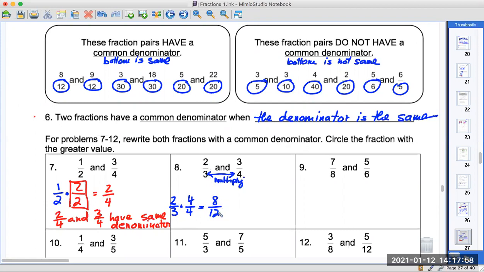So 2/3 turns into 8/12, and 3/4 times what is the 12? We want the common denominator. 4 times 3 is 12. So I'm multiplying top and bottom by 3. So my big one is 3. 3 times 3 is 9. 4 times 3 is 12. So now we have 8/12 and 9/12.